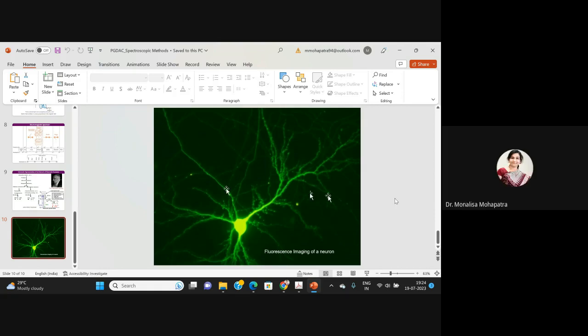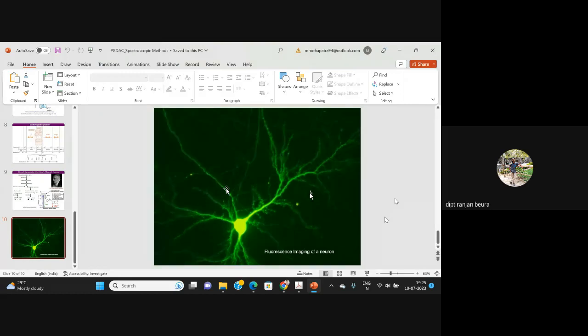Just imagine a neuron, it has so many minute cells. You can study it through fluorescence imaging, fluorescence spectroscopy. Ma'am, can we study this fluorescence imaging with the help of selenium 75 isotope? I don't know. I'm sorry, I don't have an idea, because many things are there.